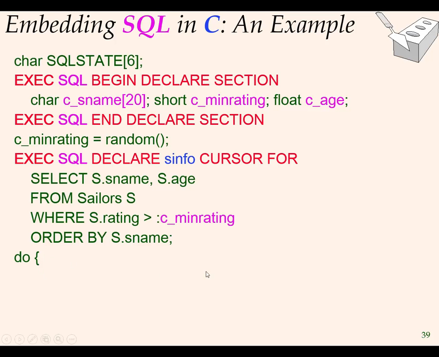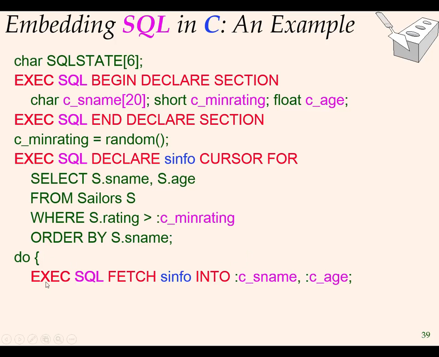Now, after I execute that, here's my do loop. And again, inside the loop, I'm going to fetch, again, EXEC SQL FETCH from sinfo into the c_sname. Again, this tells you it's the host variable, the c_sname and c_age. And again, this is C. We use printf. So first of all, for the c_sname, I'm using %s to print it.